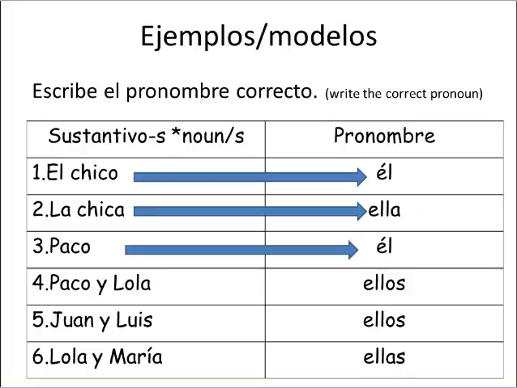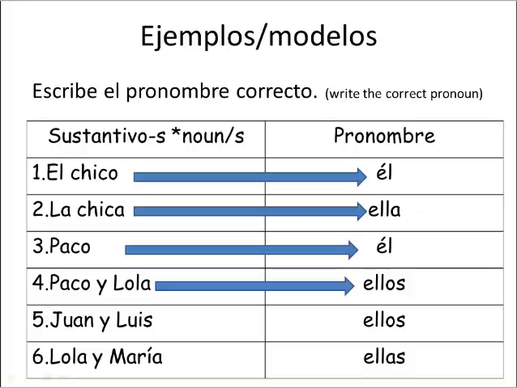The pronoun for Paco y Lola, now we've got two people, so we're gonna have to have a plural pronoun. And so here I'm talking about él, Paco, and also Lola, ella, so Paco y Lola. Here we have a mixed group, and we do have one masculine individual within this group, so we would have to go with the masculine form of the pronoun, and that would be ellos.